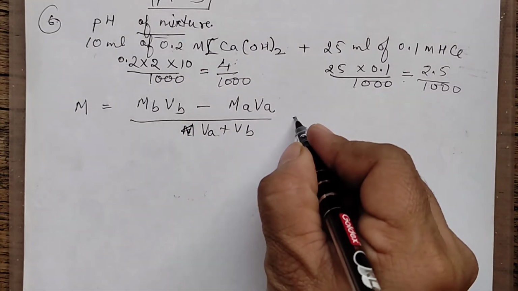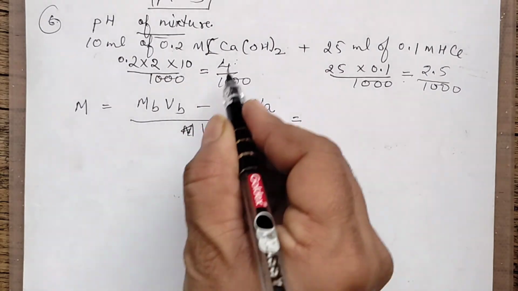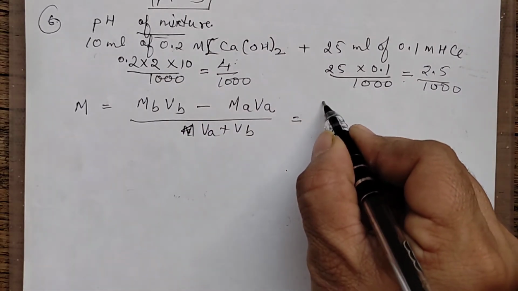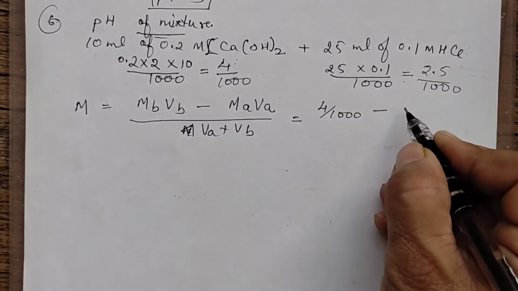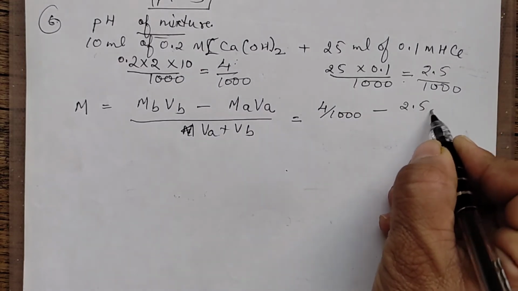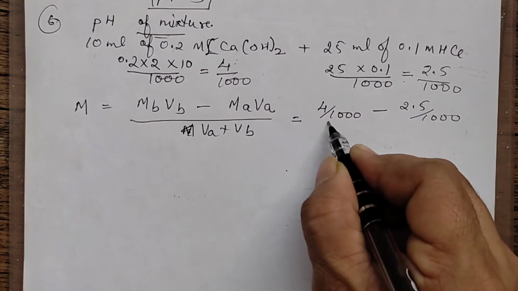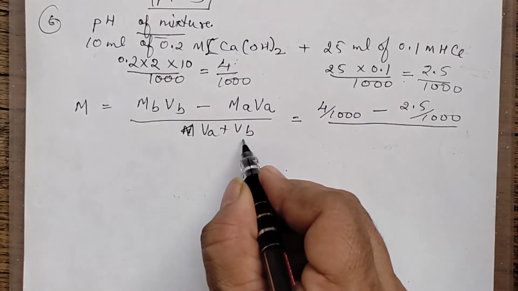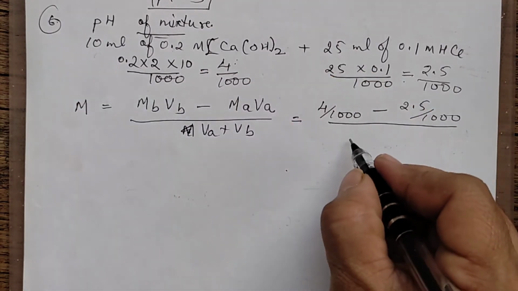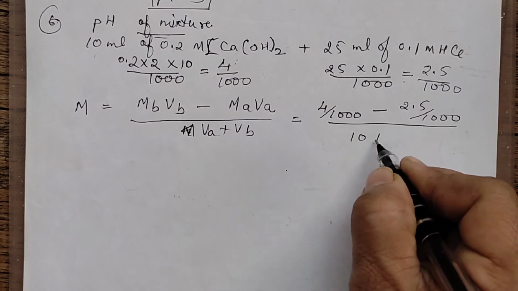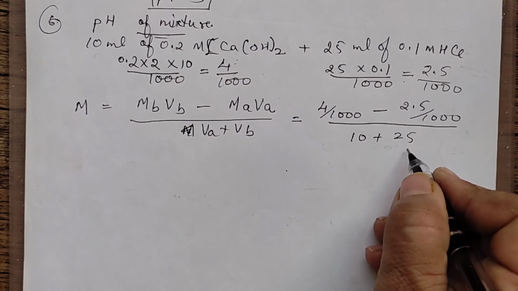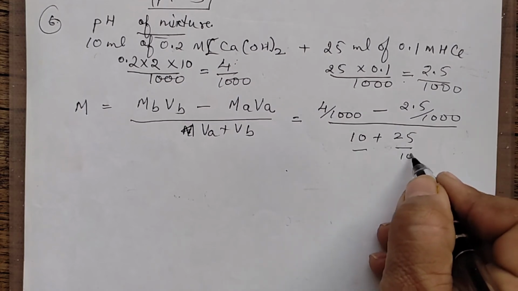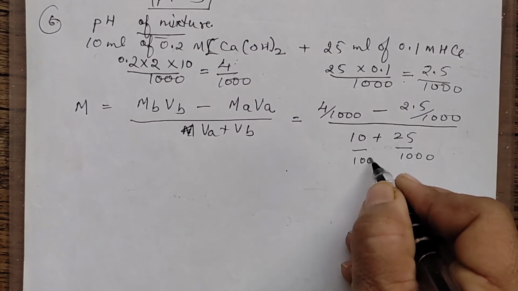For the base product you will have 4 by 1000, minus 2.5 by 1000, divided by 10 plus 25, which is also divided by 1000 when converting into liter.